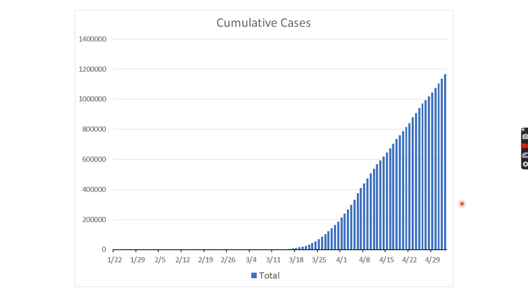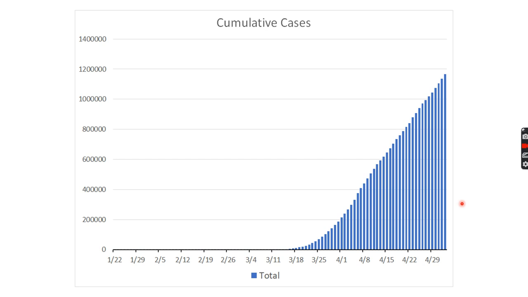I just think that the CDC is switching to a data series that is more relevant for tracking the stage that we are in. So here's the cumulative cases based on all of the new cases that the CDC is reporting. As you can see, it's difficult to really make heads or tails of this.